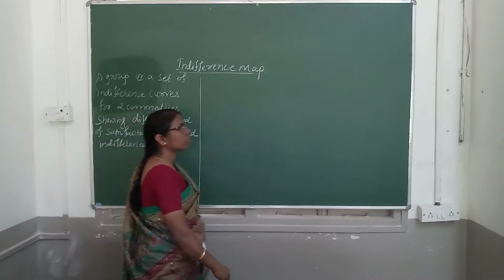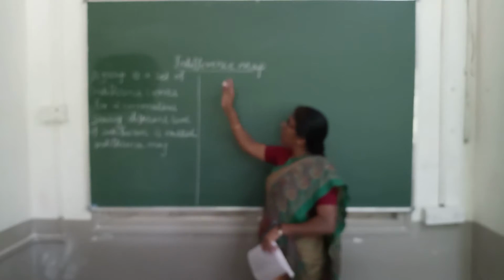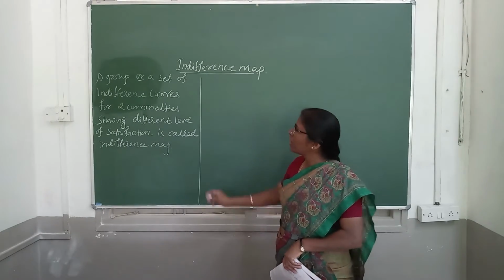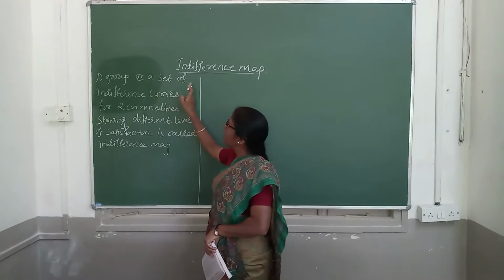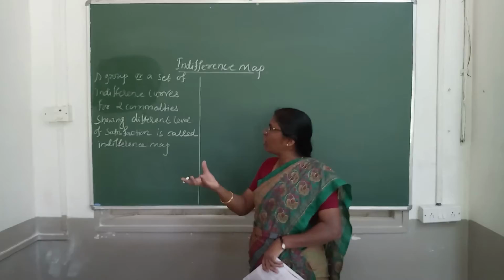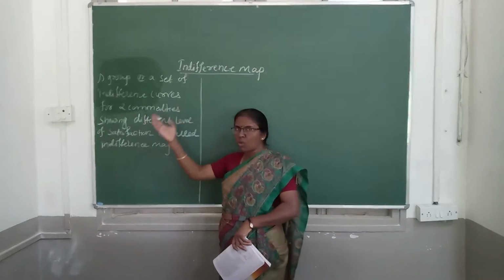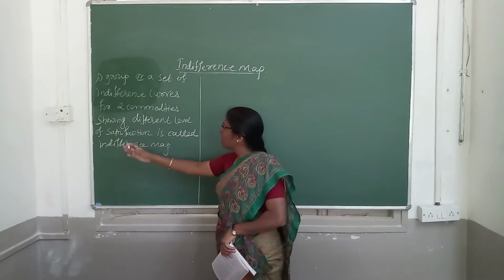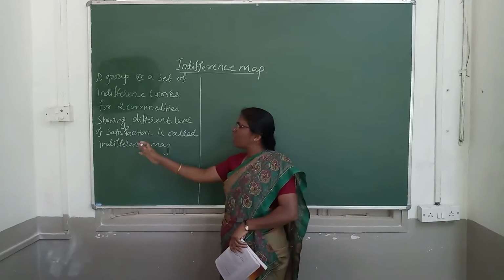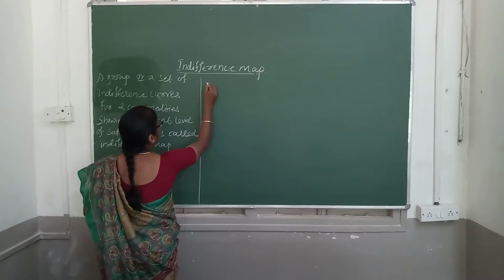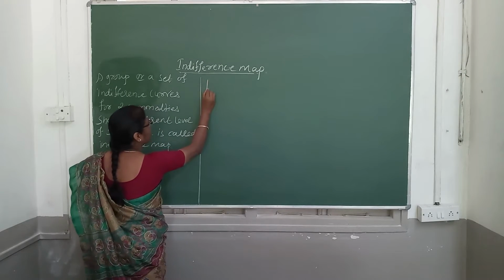Yes, dear students, see here, what do you mean by indifference map? An indifference map is nothing but a group or a set of indifference curves for two commodities showing different levels of satisfaction. So let us explain the concept with the help of a diagram.